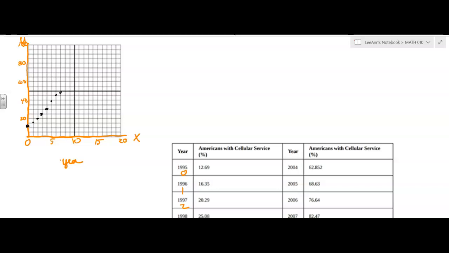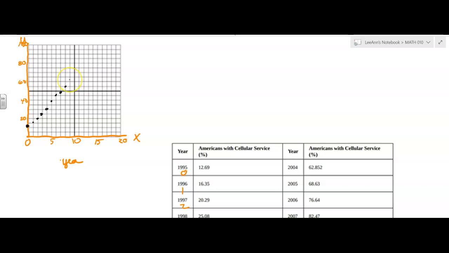In 2003, so year 8, yeah, 55. It's going to be like there. And year 9, let me make sure I'm okay. Yeah, 9, it looks like it's 63 about.